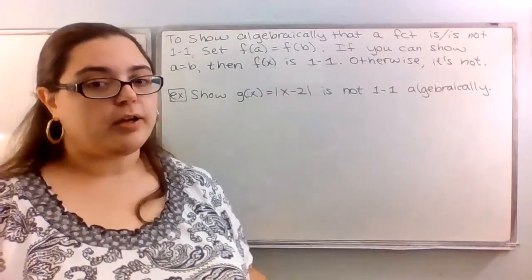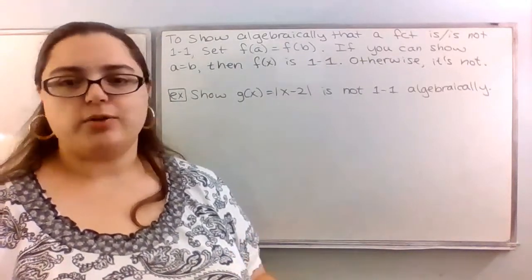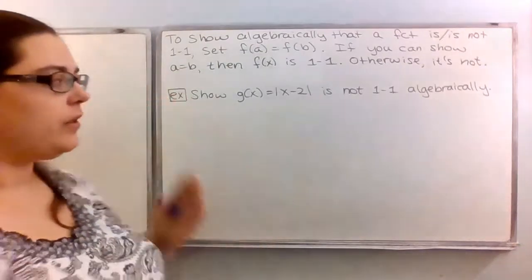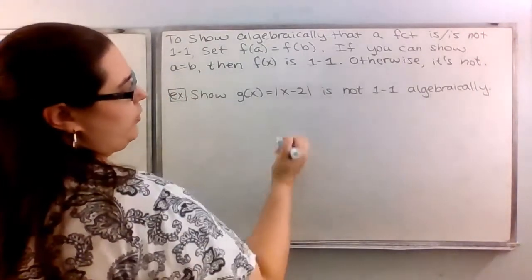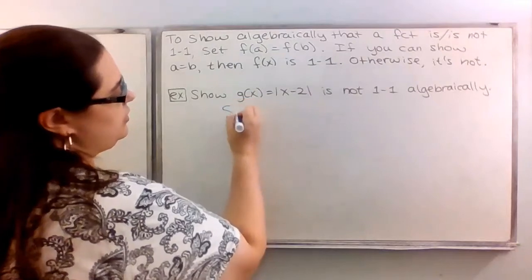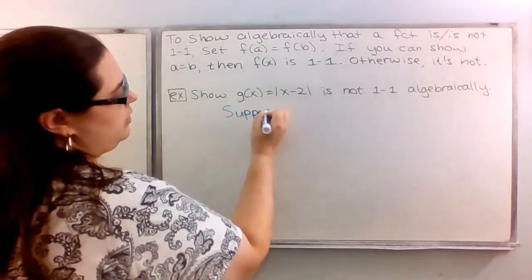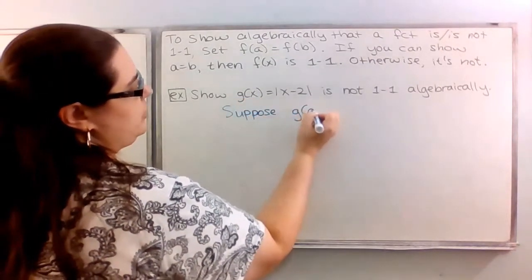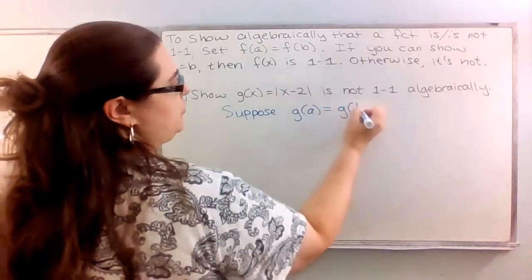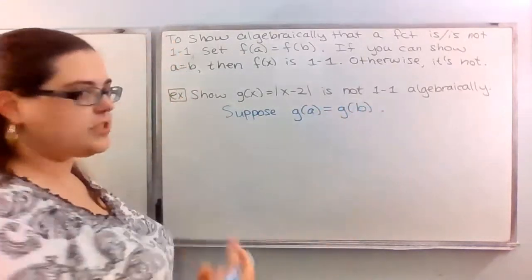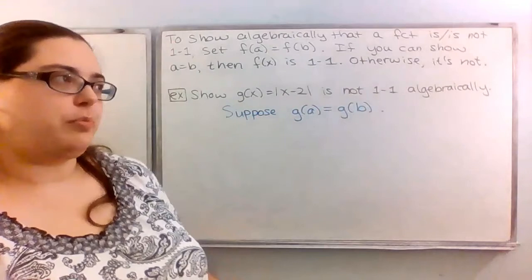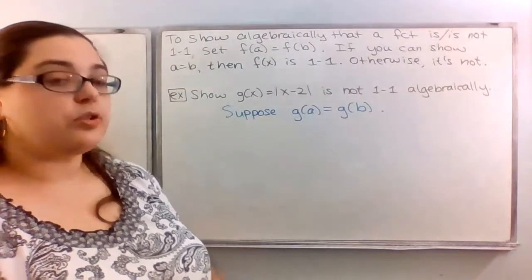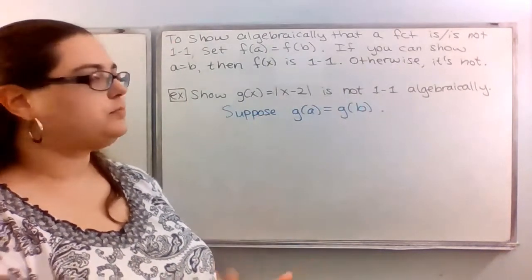So it's going to feel more like a proof than like an evaluate or solve kind of thing. So we're going to start out with suppose g of a is equal to g of b. So that's going to be your first line for an algebraic solution to showing one-to-one or not.